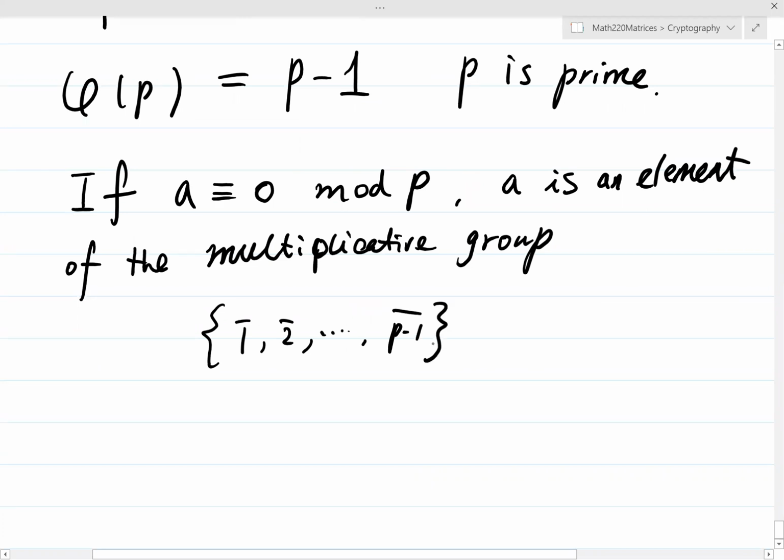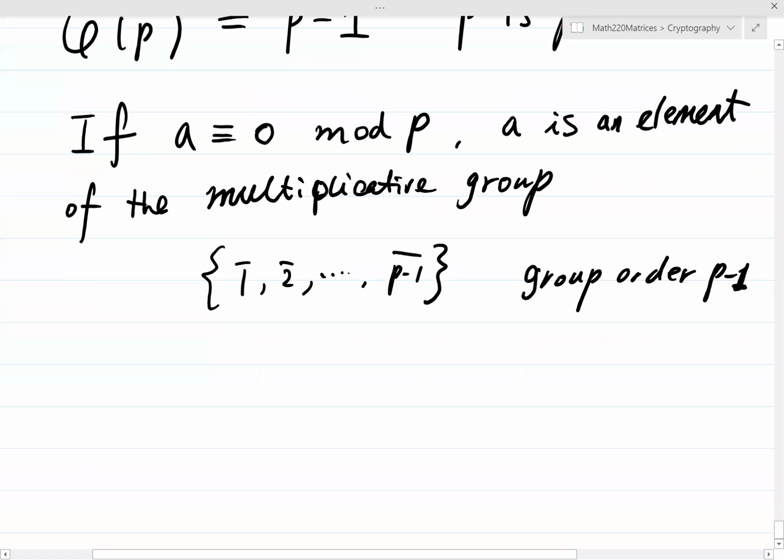These form a group by multiplication. So the group order is p minus 1, and the element a is in this group. So the order of a is a factor of p minus 1.